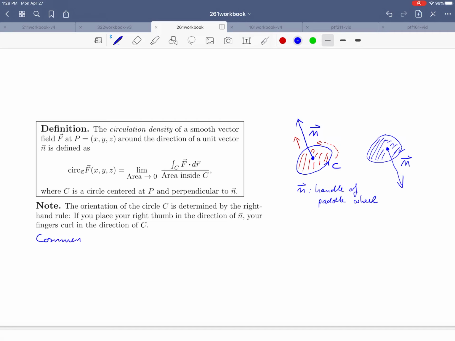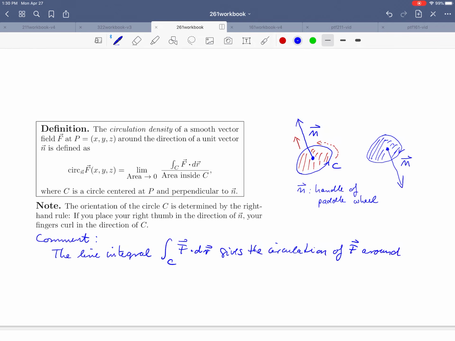So comment number 1, the line integral around C of f dr gives computationally the circulation of f around the vector n. So there we go.